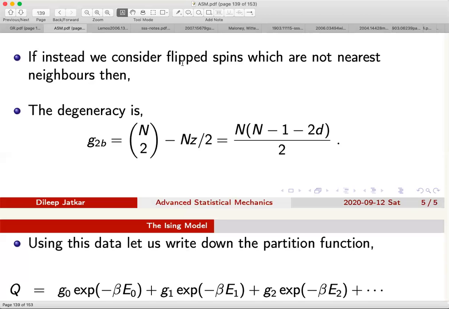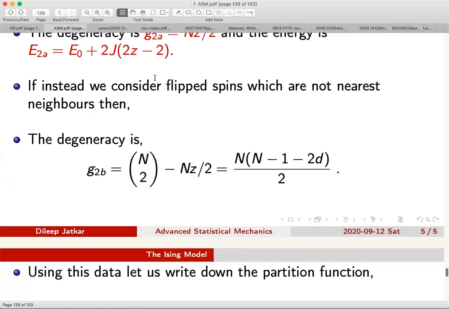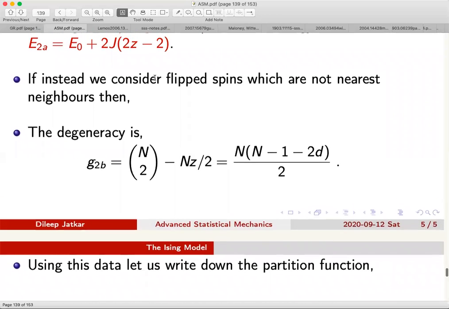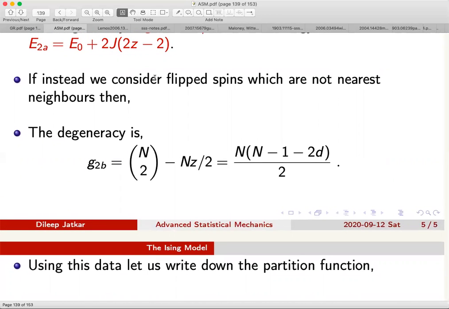Now remember we said that at zero temperature or in the thermodynamic limit, the most dominant contribution comes from the ground state. Everybody else has subleading contributions, of course, exponentially subleading at finite temperatures.